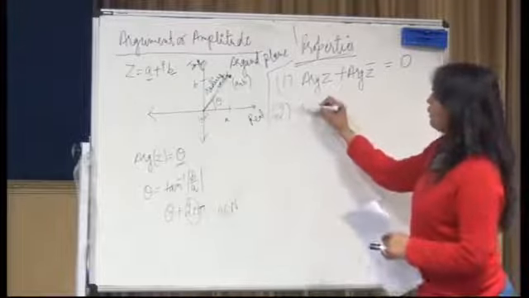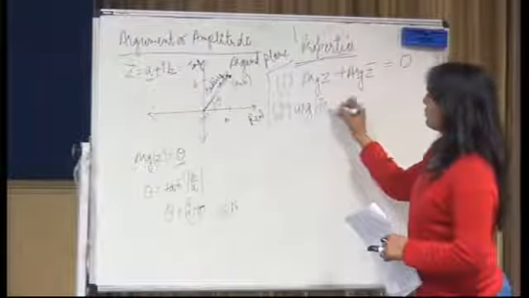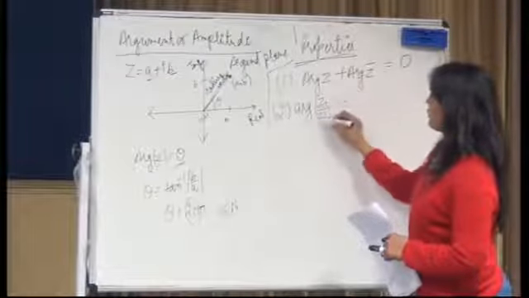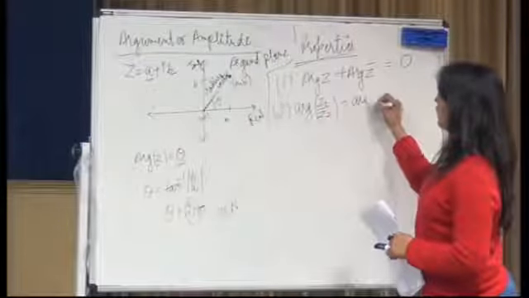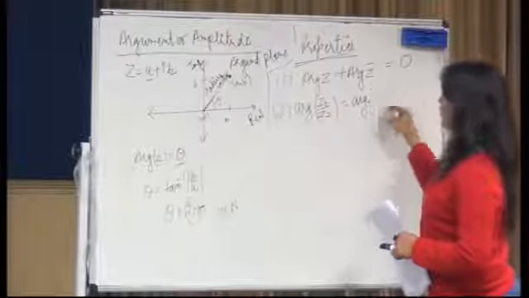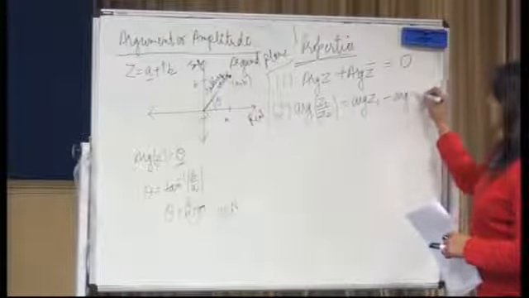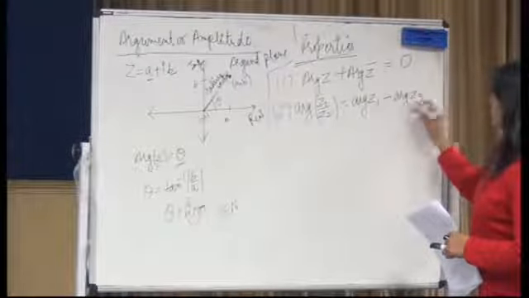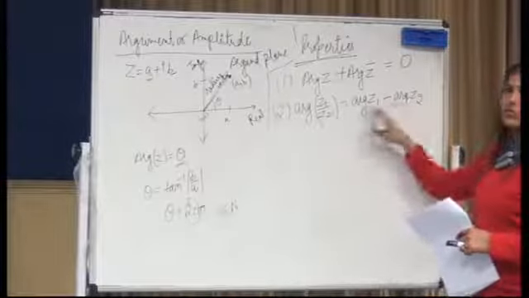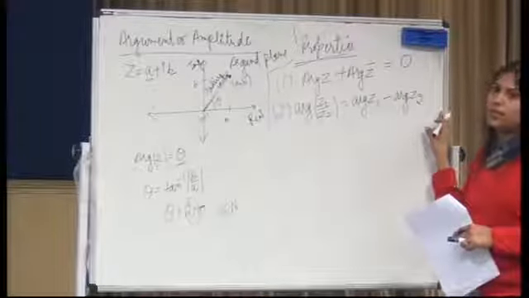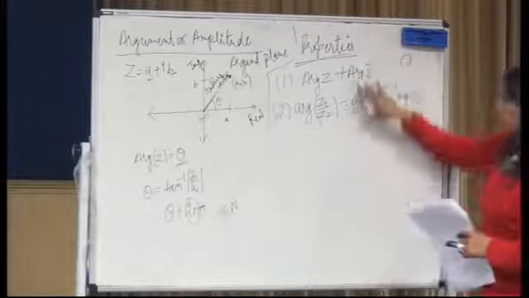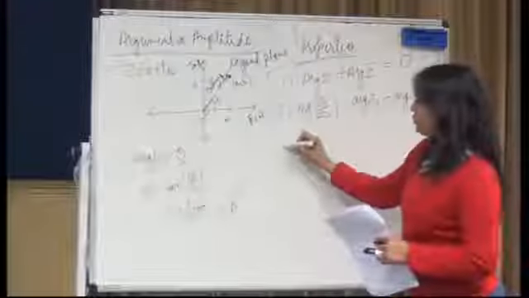Then the argument of a division. If you have two numbers in division form, then from the first number's argument you will subtract the other argument. I will tell you how to calculate the argument, just understand the properties first.